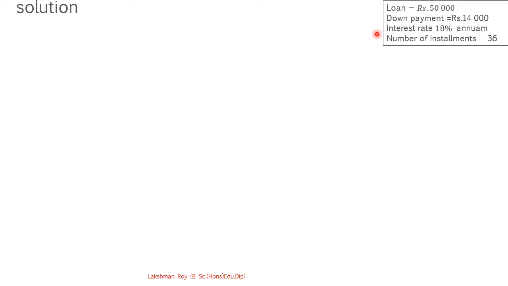Now you can see the first question, that is the balance amount. The outright price of the refrigerator is 50,000 rupees, and the person paid a down payment of 14,000. So what is the balance?